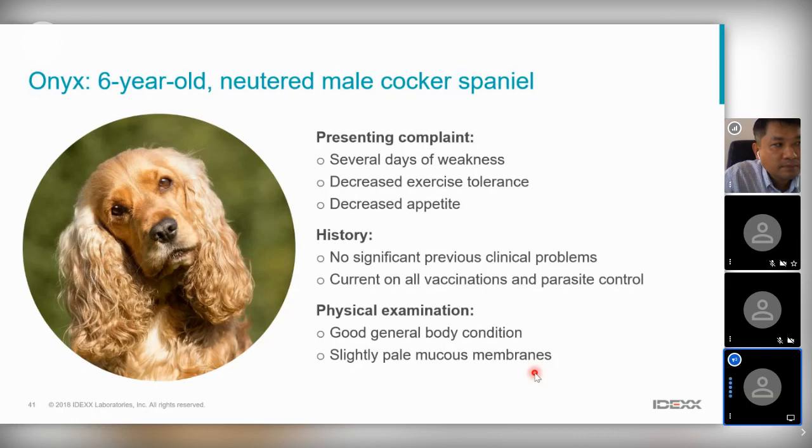When the eyes' mucosa was checked, it was slightly pale. So this gives us a catch. Everything else was fine, so whatever was there was something recent, because the animal didn't show anything chronic. Over to you, Professor Tan.